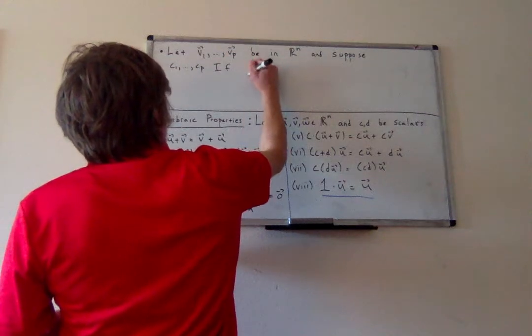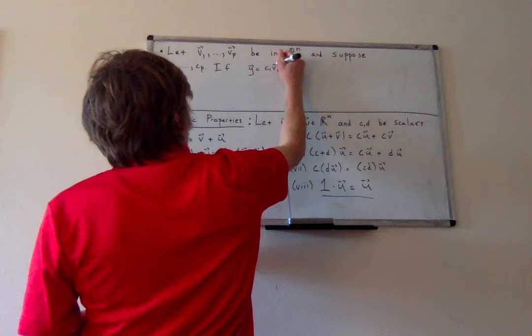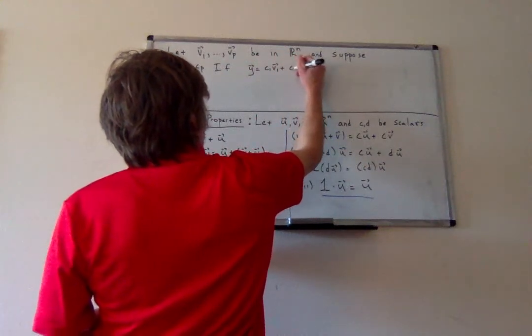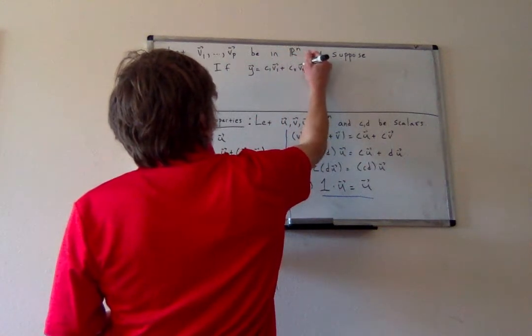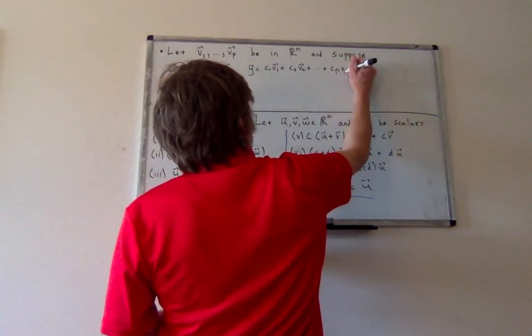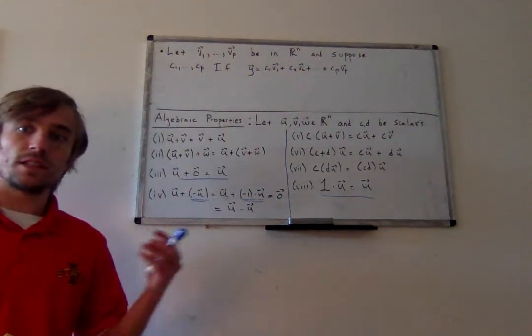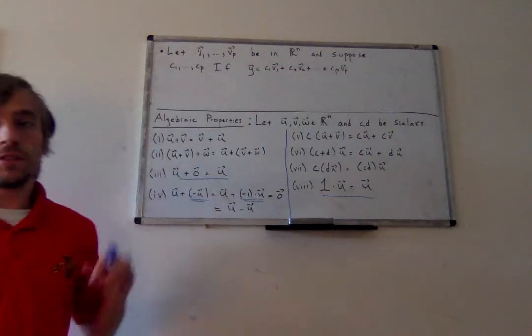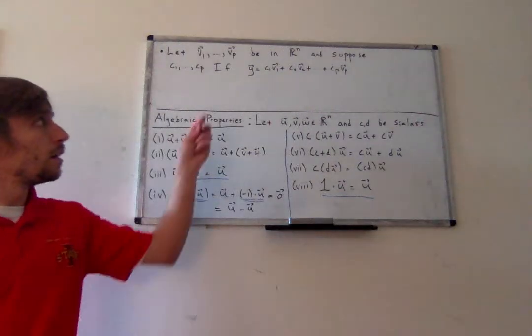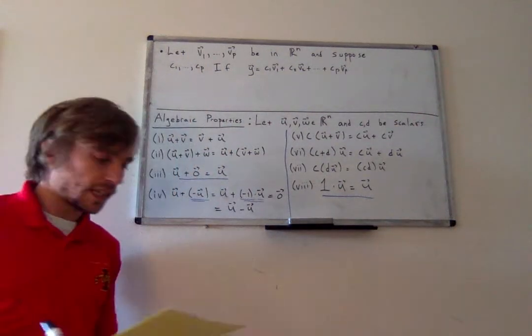Now let's say I have a vector y that is equal to the following sum: c1 times v1 plus c2 times v2 plus cp times vp. So here y is written as this sum of these vectors v1 through vp, where I multiply each vector by the corresponding indexed scalar.